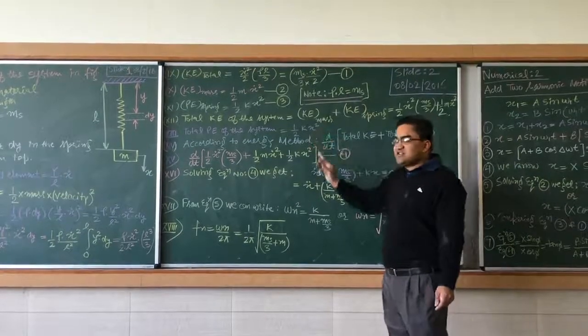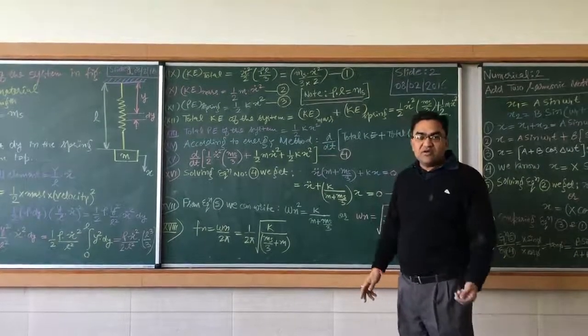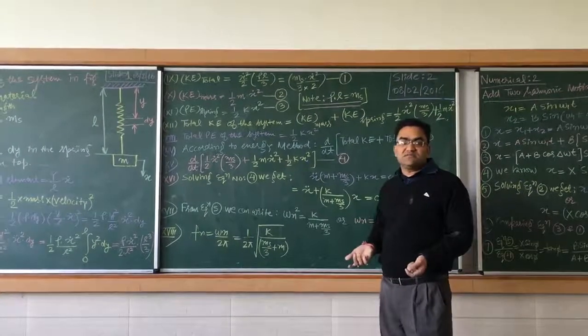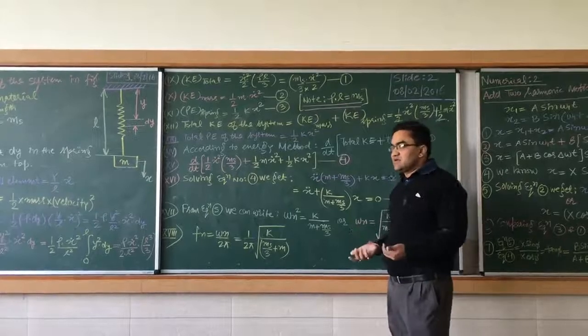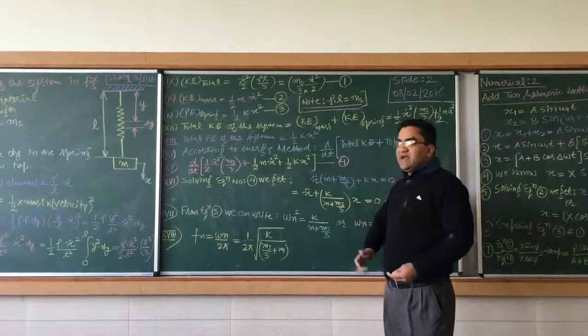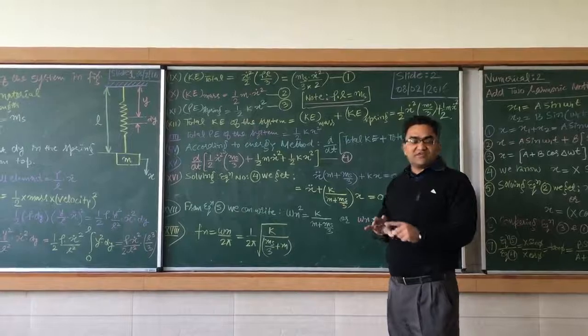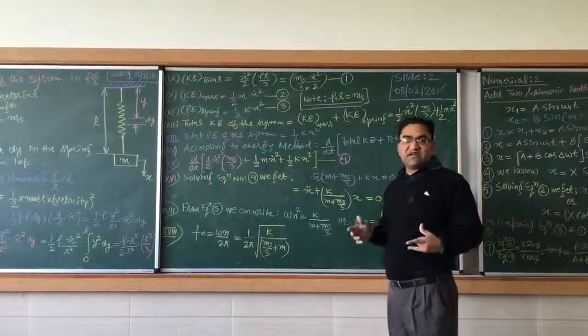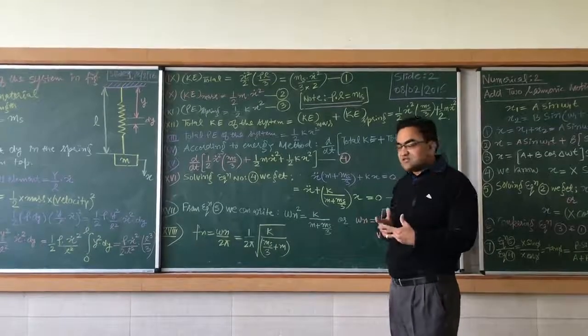Similarly, there is the potential energy, and according to the energy method, the total energy of the system remains constant. That means d by dt of the total kinetic energy plus total potential energy will be equal to 0, because if something is constant, its differential will be 0.